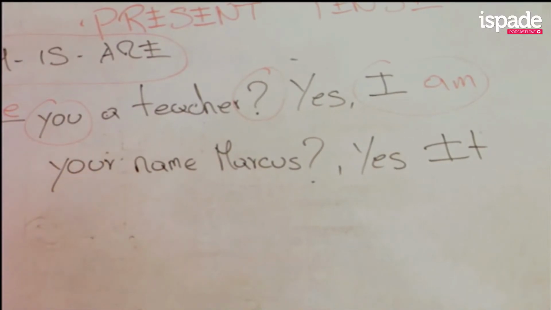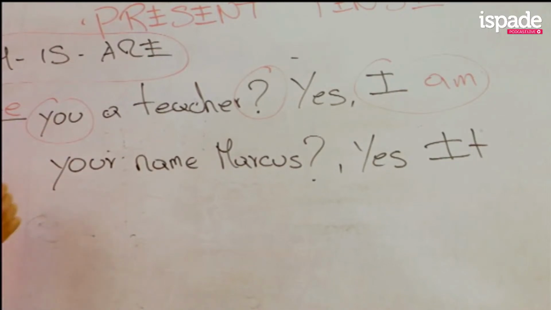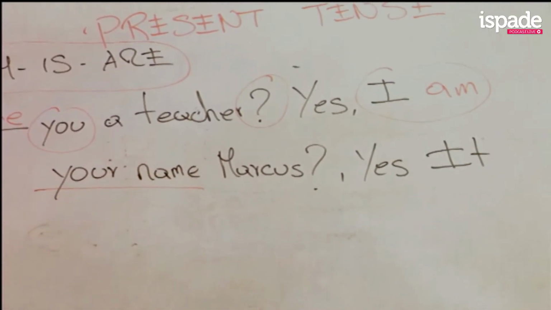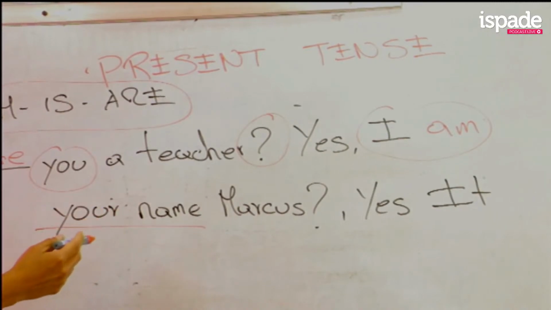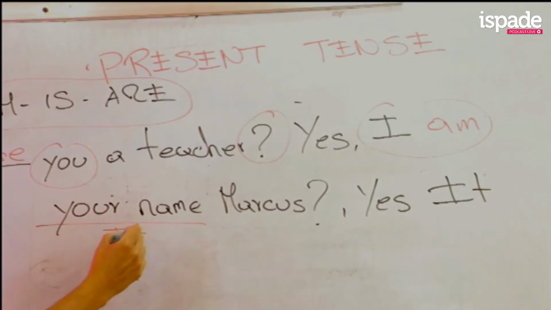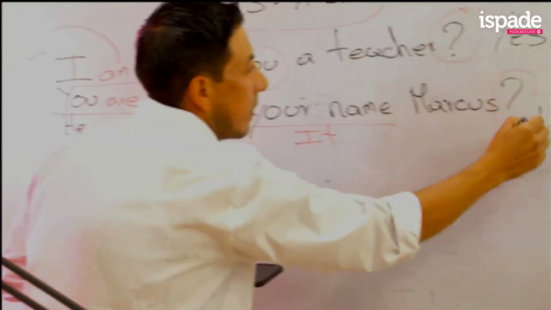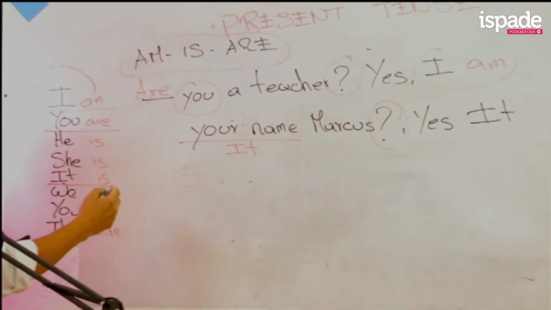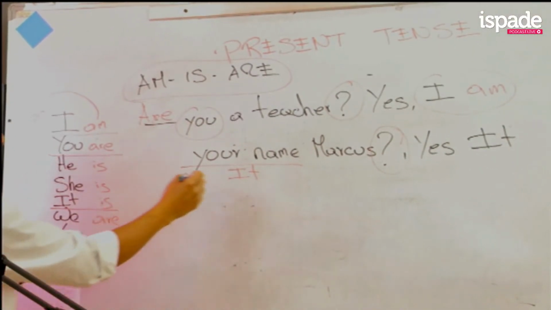So with the same case, with the same structure, you can say, your name. So it's not talking about Marcus, it's talking about your name. So there, you can replace it. What is your name? So we are talking about it. Which is it? It is. But it's a question.